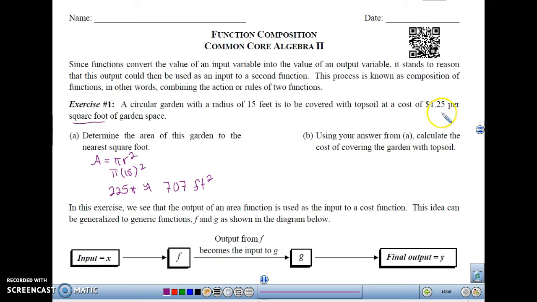Now that we know it's in square feet, because the cost is $1.25 per square foot, we can take this answer, 707 square feet, and multiply it by $1.25 per square foot. Notice the units cancel out.